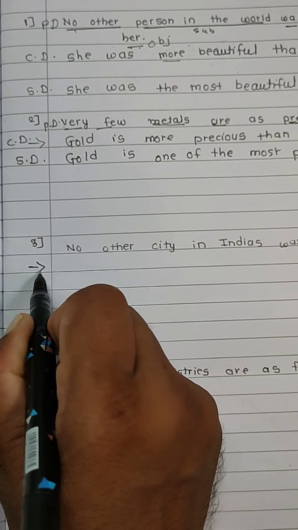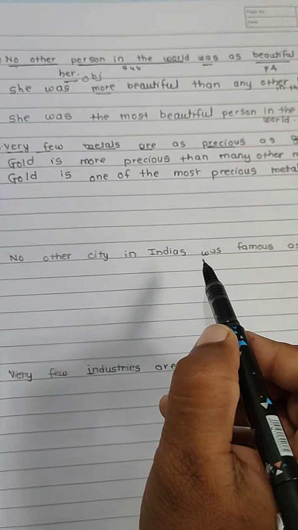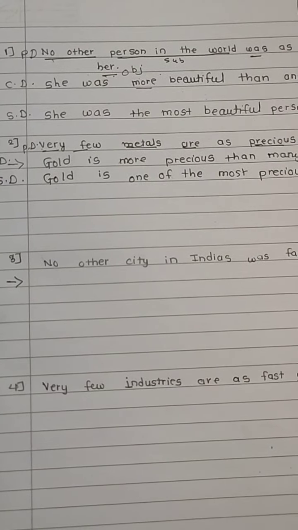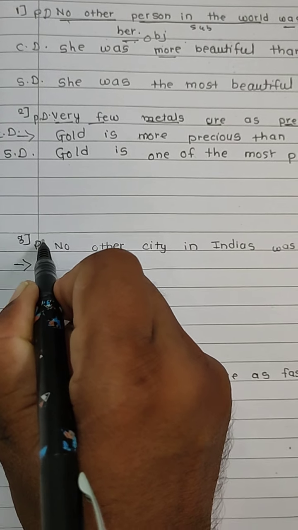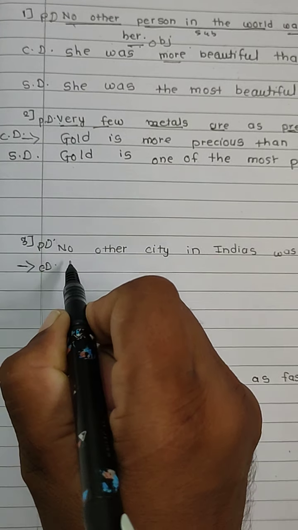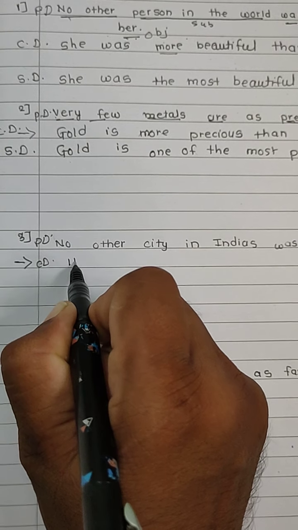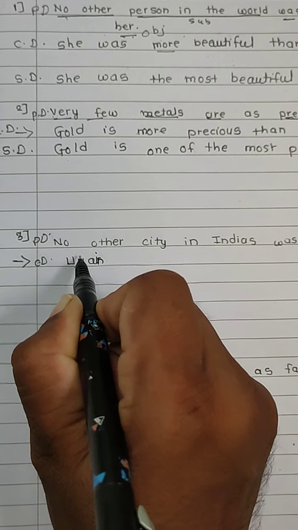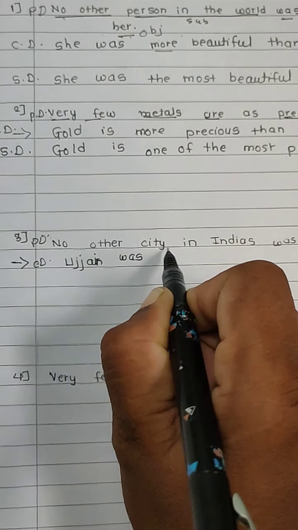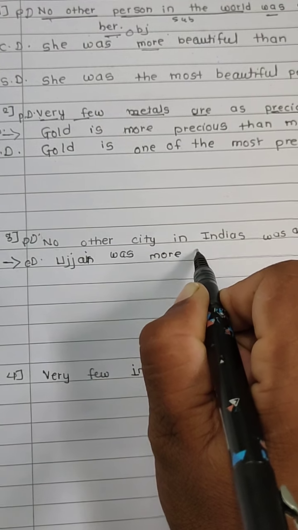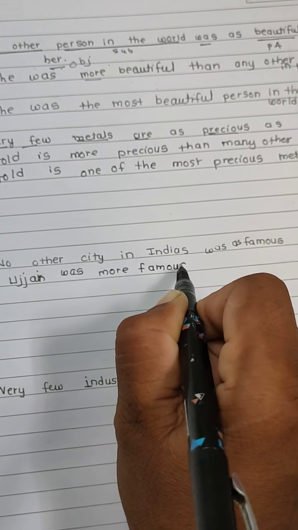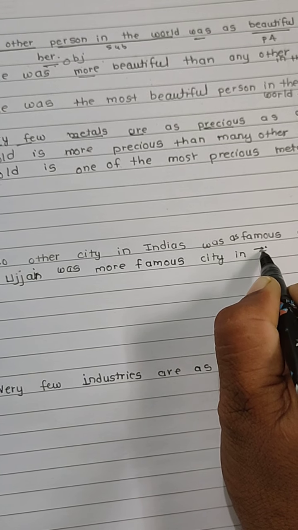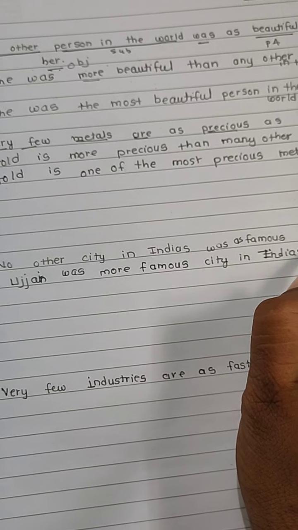Another, third example: no other city in India was as famous as Ujjain. That became the positive, we change to comparative degree. So Ujjain was more famous than any other city in India.